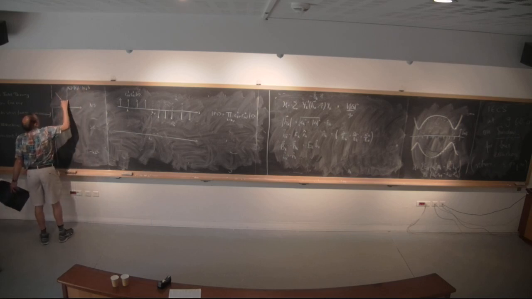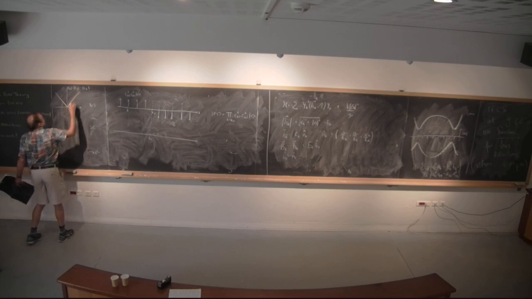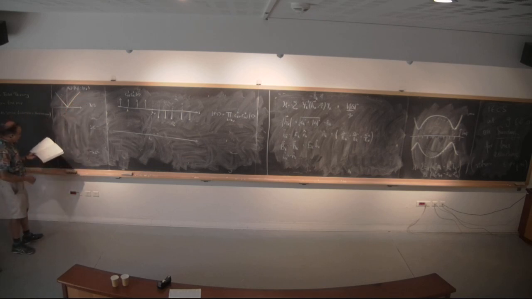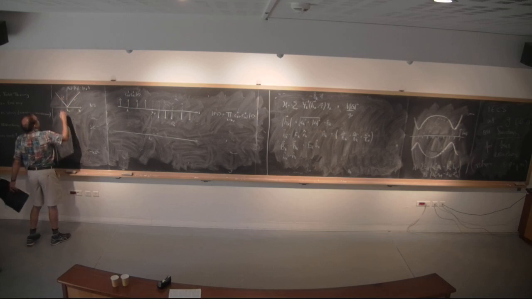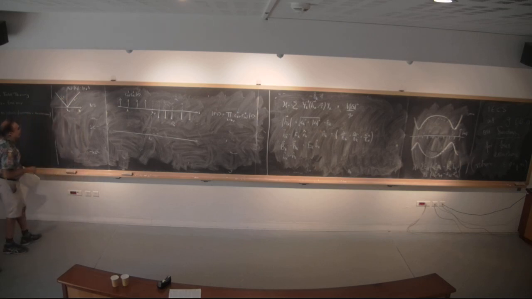Well, that just looks like that. That's mod epsilon k. And this is nothing more than the excitation spectrum of the particles, the electrons, and the holes. This is near the Fermi surface.